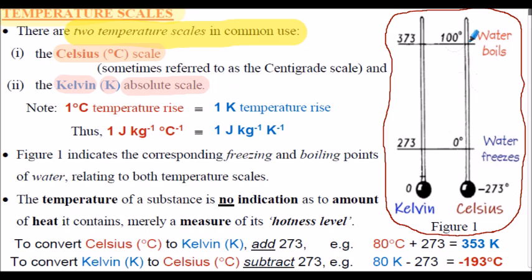On the right hand side of the slide we have a sketch showing the Celsius scale on the right and the Kelvin scale on the left. This illustration relates to water.